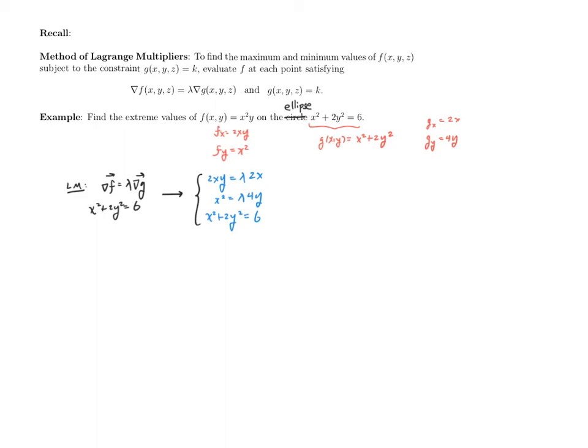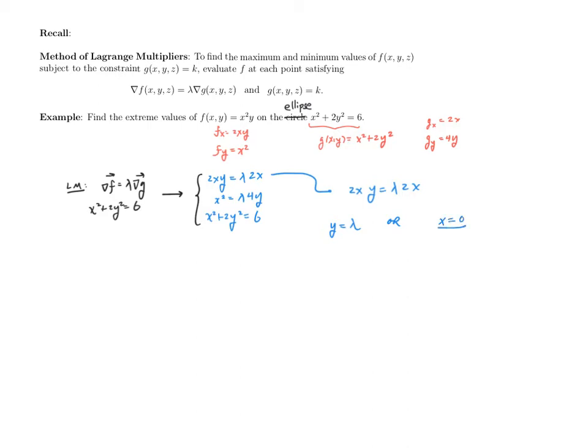Now I'm going to go back to one of our previous techniques. If we focus in on this first equation, 2xy equals lambda 2x, there's only two possible ways this equation can be satisfied. One of them is if y and lambda are equal to each other. So y could be equal to lambda, or the other way that this could be satisfied is if x is 0.